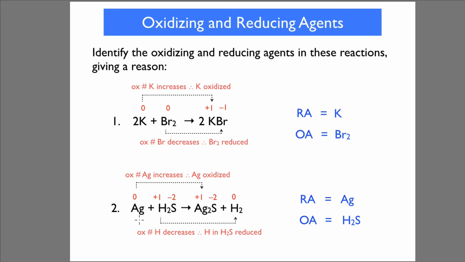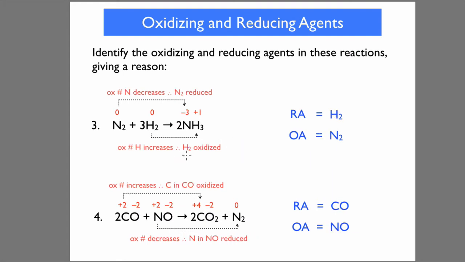Here we've got silver being oxidized, and silver, the oxidation number increases from 0 to +1, therefore silver is being oxidized. If silver is being oxidized, then this is the reducing agent. You've got H2S, we've got the oxidation number of hydrogen is decreasing from +1 to 0, therefore the hydrogen in H2S is reduced. Therefore this must be the oxidizing agent. Let's have a look.